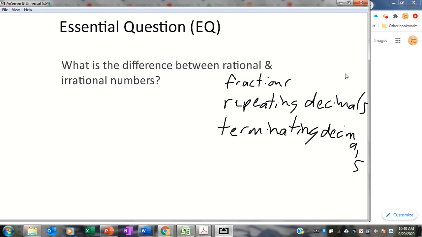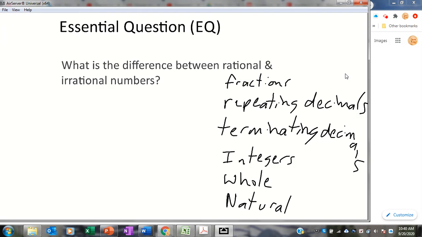Sorry, I ran out of room there. So fractions, repeating decimals, terminating decimals, and then of course they can be whole numbers. They can be integers, whole numbers, and natural numbers.